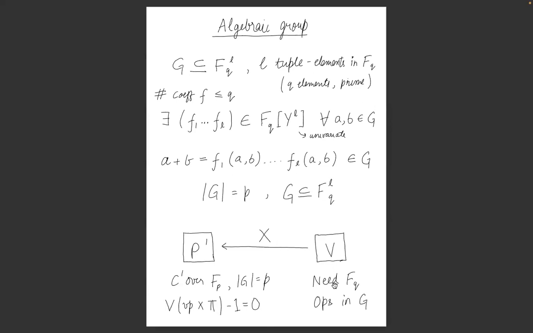Yeah, so if this verifier is doing the arithmetic in FQ, the prover P prime also has to have... let me see what was the point here.